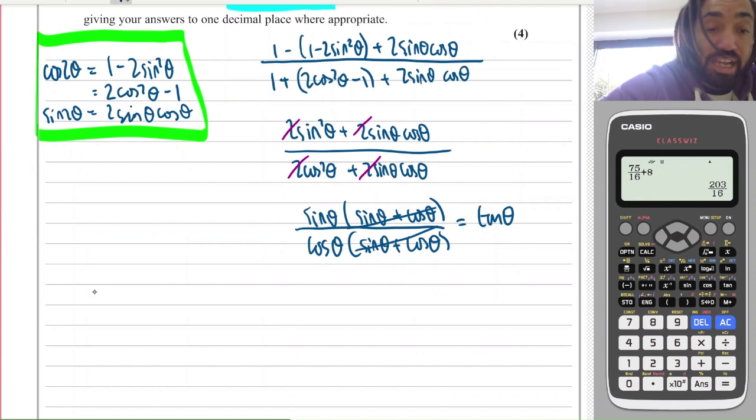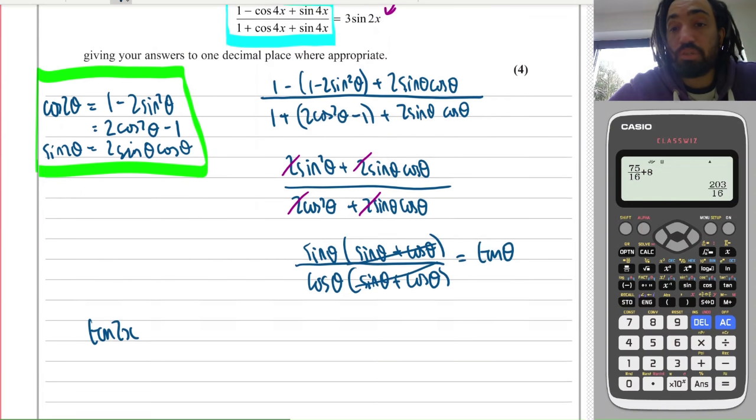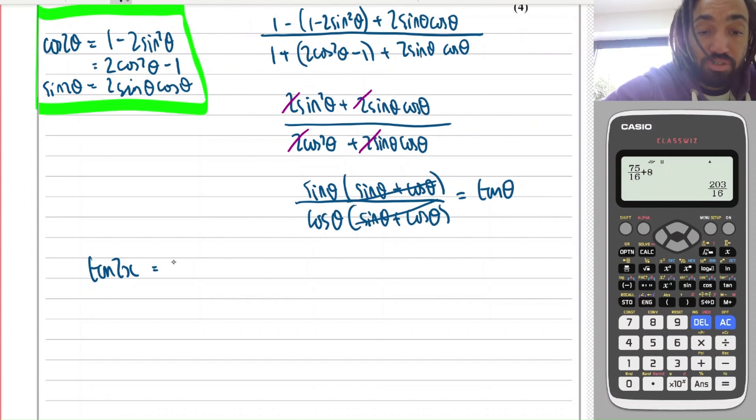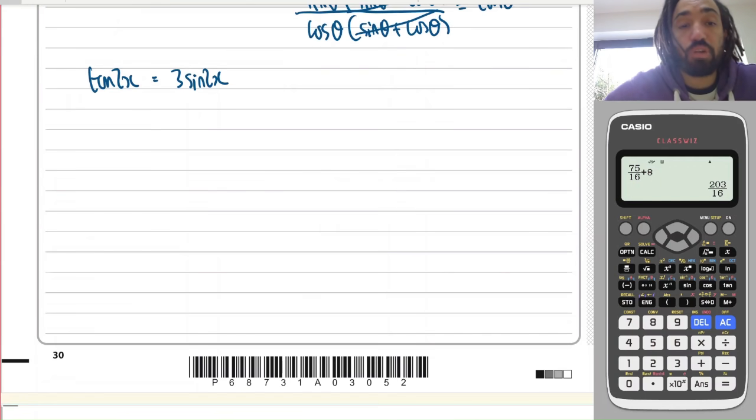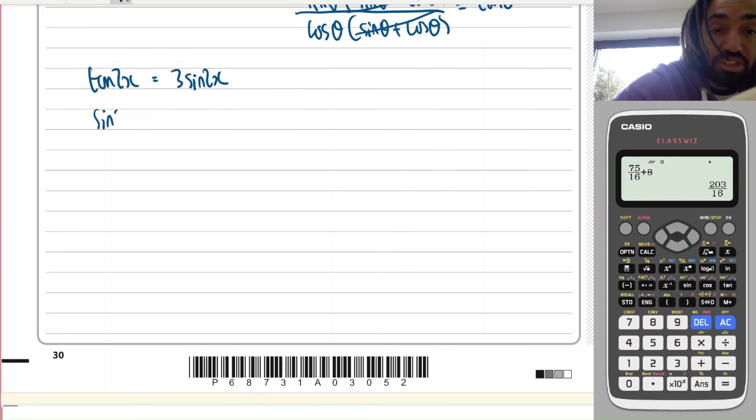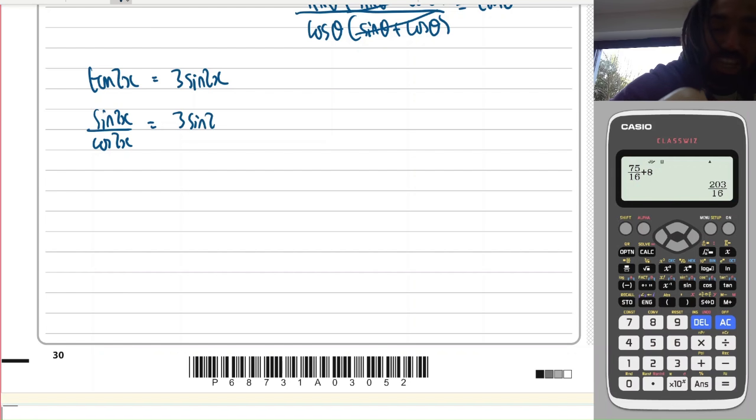So I get tan 2x is equal to 3 sine 2x. Perfect. So what I'm going to do is I'm going to write that as sine 2x over cos 2x, because I don't really want to use the tan 2x expansion, it's quite messy.